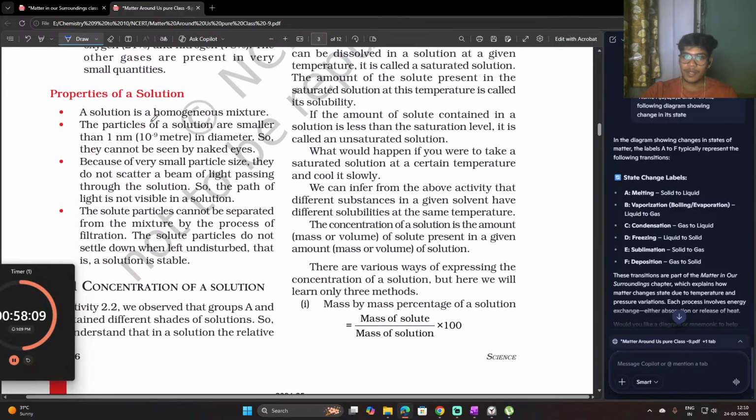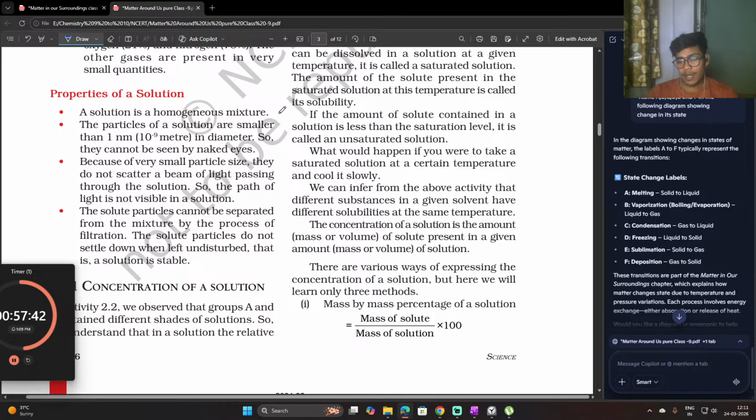Properties of a solution. A solution is a homogeneous mixture. The particles of a solution are smaller than 1 nm. I already told you that there are two types of mixture, one homogeneous and one heterogeneous. In homogeneous there is a solution, and in heterogeneous, colloids and suspension.